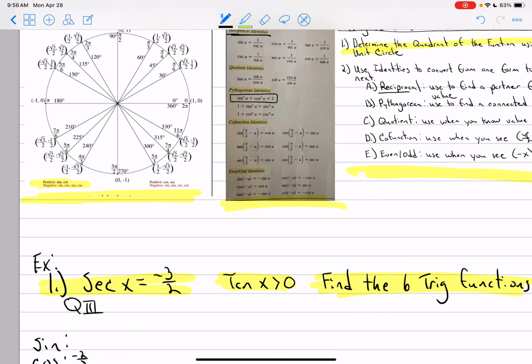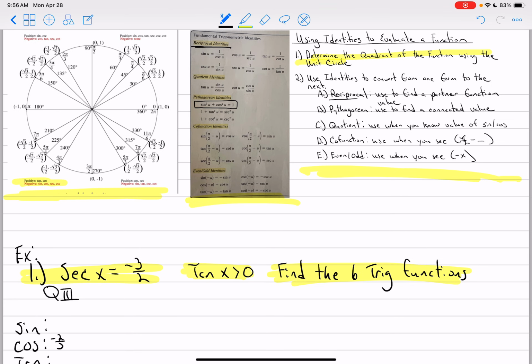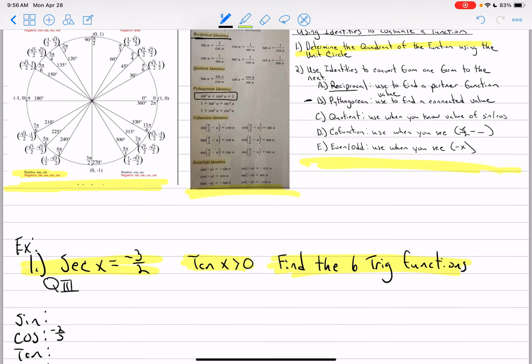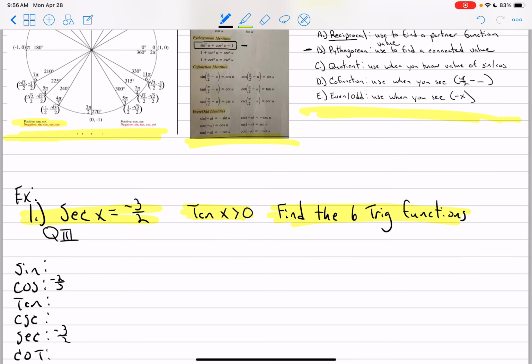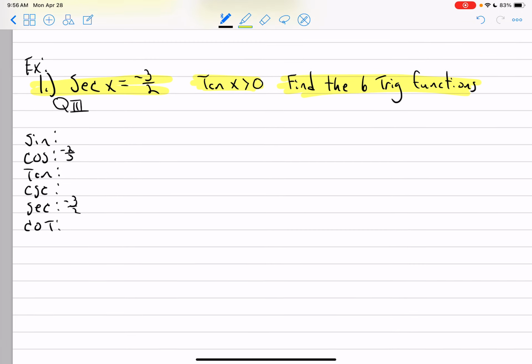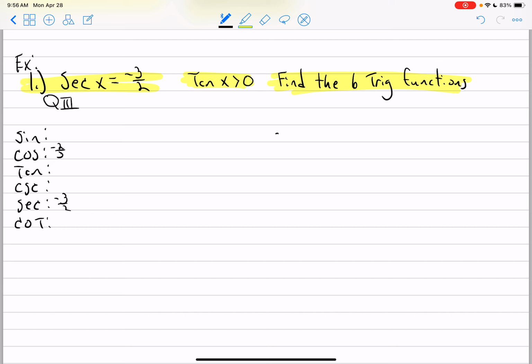So let me go back here. Now it says, let me try the Pythagorean identities. All right, so let's look at these Pythagorean identities. I happen to know a cosine, so I could use this Pythagorean identity. If I know what cosine is, I can fill stuff in to find sine. So Pythagorean identities say that sine squared of something plus cosine squared of something equals 1.